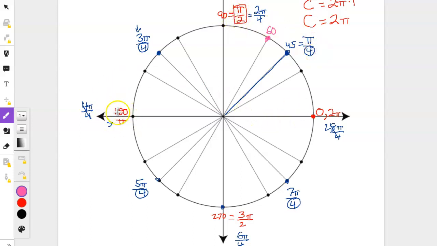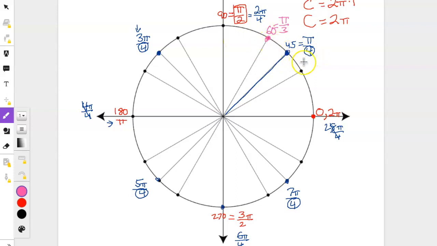So we can look at this and say, how do I get from 180 degrees to 60 degrees? Well, if I divide that by 3, 180 divided by 3 is 60. So if 180 is pi, and I divide pi by 3, I get pi over 3. So that's the radian for 60 degrees, pi over 3. Notice how it's over 3 and not over 4 anymore.